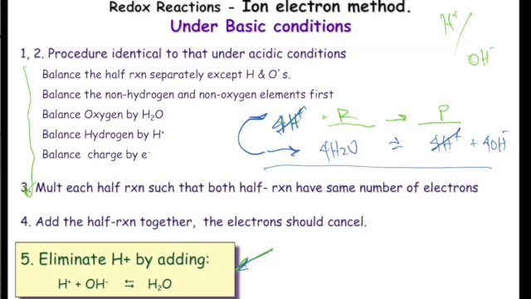If the problem doesn't tell you what the conditions are, just assume acidic conditions. But if it specifically tells you basic conditions, then you need to add this reaction right here.